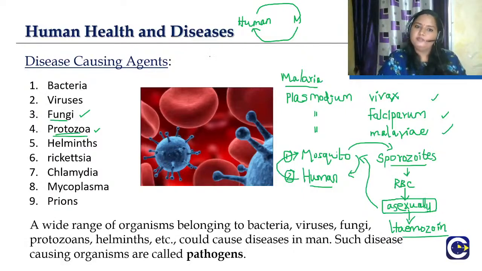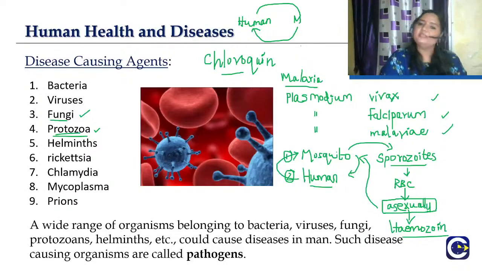The drug that is used for malaria is chloroquine. Chloroquine is the normal drug that is used to treat malaria. Since it's a protozoan disease, it can be treated with antibiotics. Am I clear? Any doubts? Up to this, I think you are a little familiar with the terms.